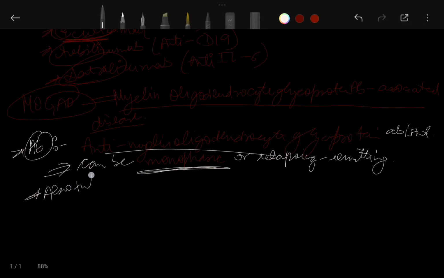It is also present with optic neuritis plus acute myelitis.